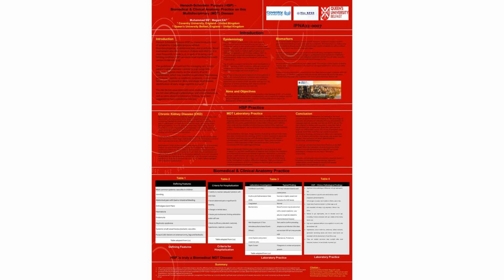Most cases are self-limiting and require only symptomatic management. Close follow-up is critical to identify significant renal involvement requiring intervention. Such renal involvement can be asymptomatic as well. So that is an overview of this poster presentation.